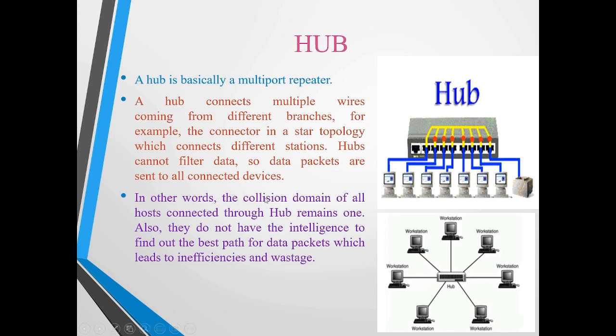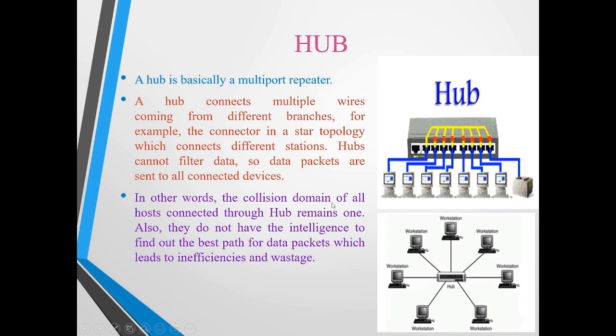So in other words, we could say that the collision domain of all the hosts connected through a hub remains one. Also, they do not have the intelligence to find out the best path for data packets, which leads to inefficiencies and wastage.